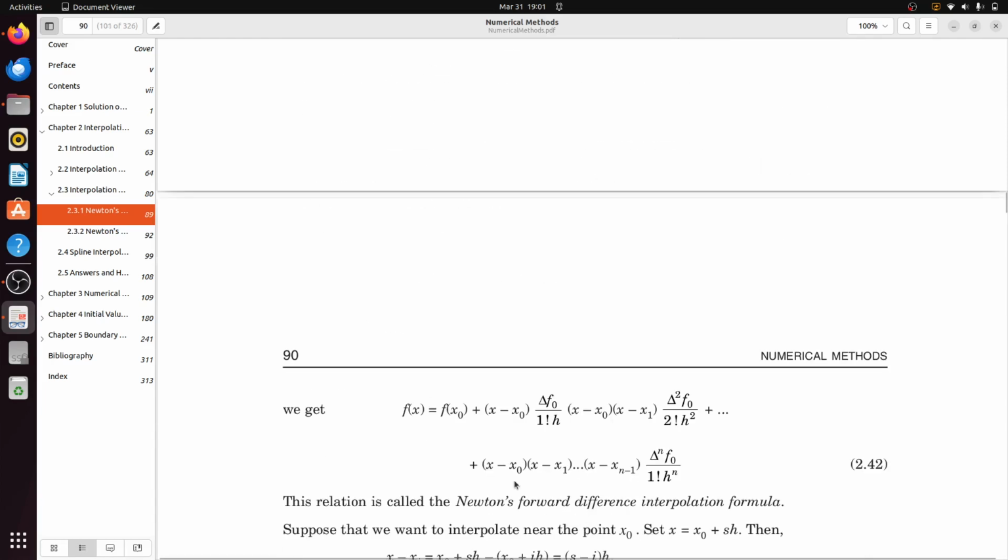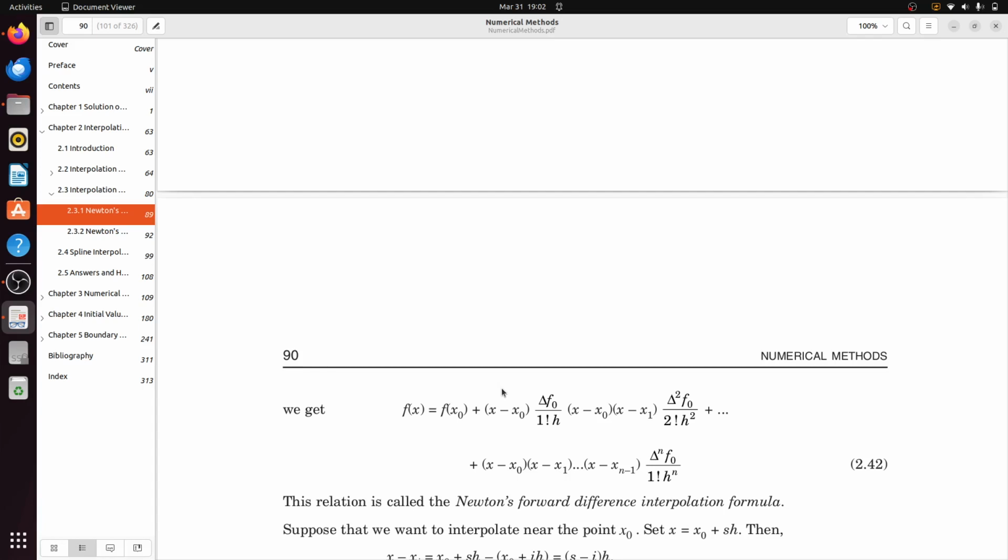So this is our Newton's forward difference interpolation formula. These methods are applicable only if you have equispaced data.